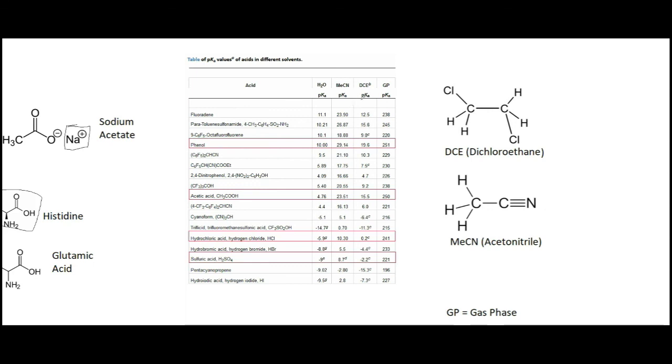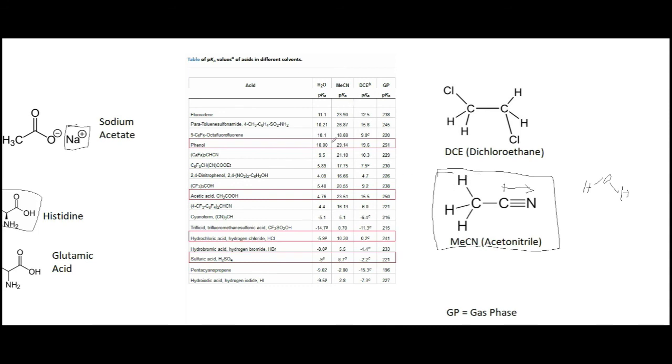But then if we put it in a different solution, say we put it in this acetonitrile solution, which you can see is going to be different than water, which is a very polar molecule. This will have some polarity from this triple bond nitrogen, but it also has this methyl group here.